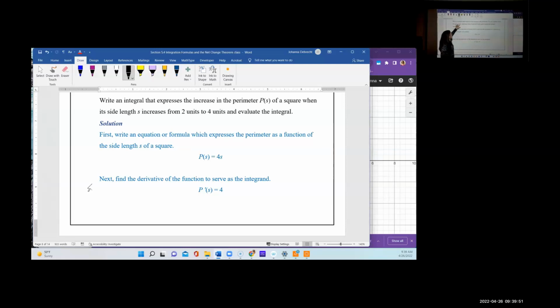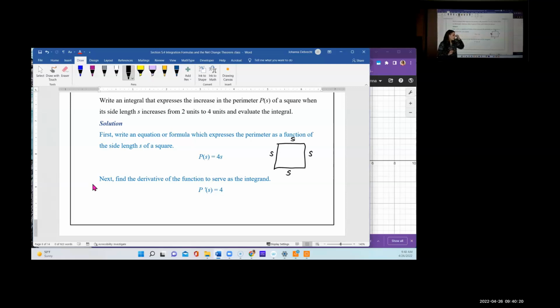So this says the side length S increases from 2 units to 4 units. So S is what's changing. So we want to write the perimeter in terms of S. It is a square, which means that all the sides are the same. So I always find it helpful to have a picture and to go ahead and label the sides. And that tells me that the perimeter would be the sum of all 4 sides, or 4s.